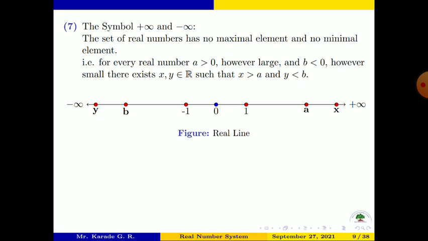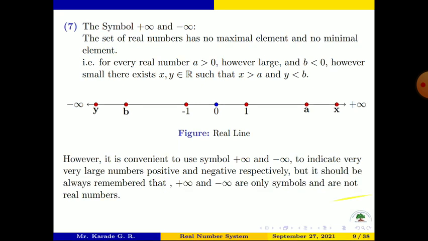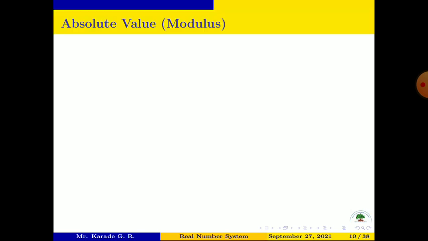Plus infinity denotes a very big real number and minus infinity denotes a very small real number. However, it is convenient to use the symbols plus infinity and minus infinity to indicate very large numbers, positive and negative respectively. But it should always be remembered that plus infinity and minus infinity are only symbols and are not real numbers.